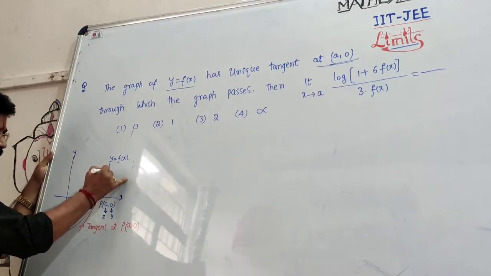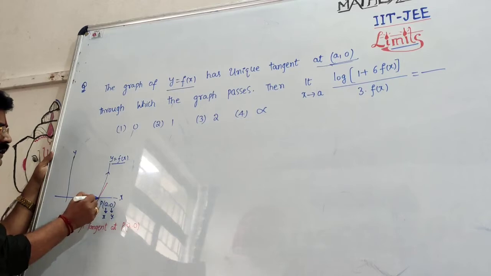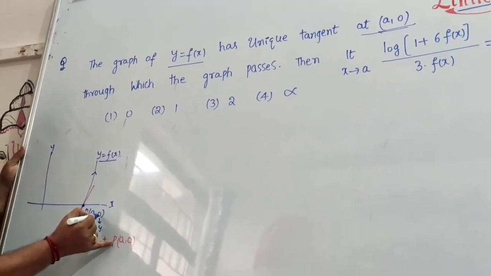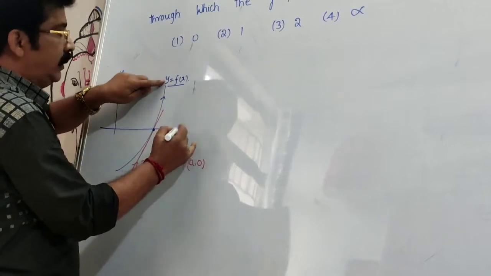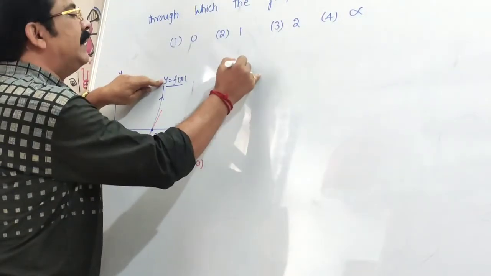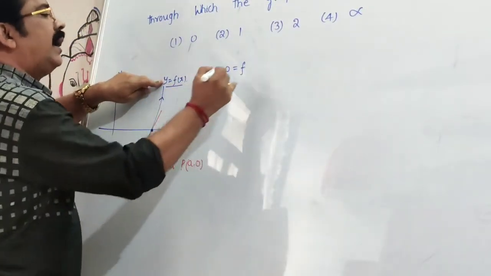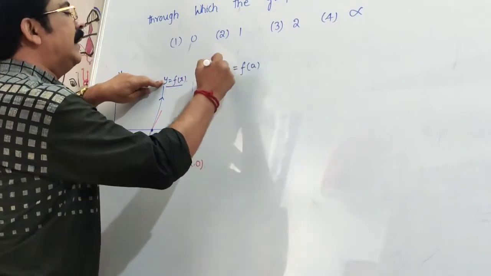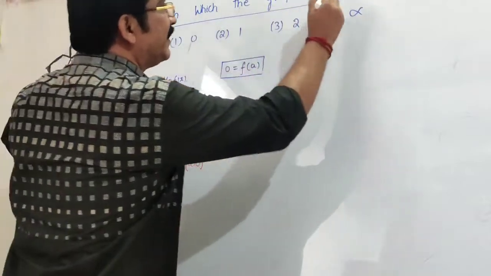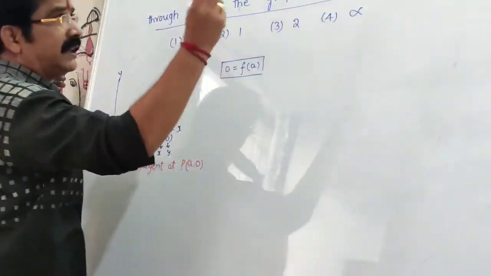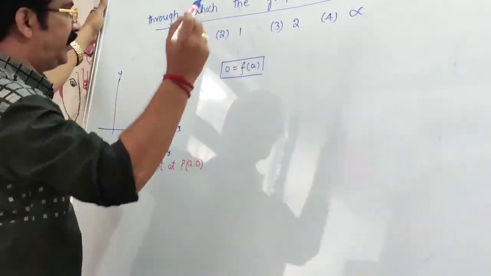One minute. Here, this is the x coordinate, this is the y coordinate. This graph y = f(x) is passing through the point P of (a, 0). Therefore, y is what? 0. So 0 = f(a). This is the complete meaning of that sentence: passing through that point, and at that point it has a unique tangent.